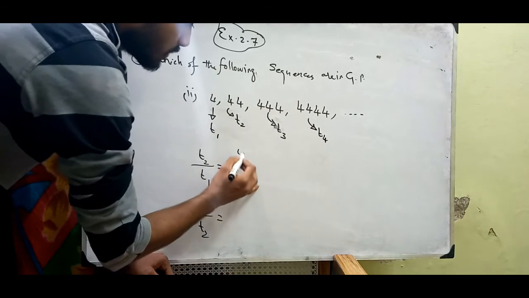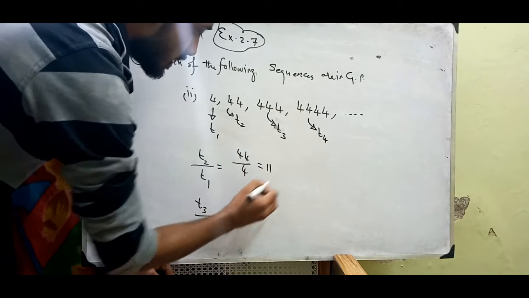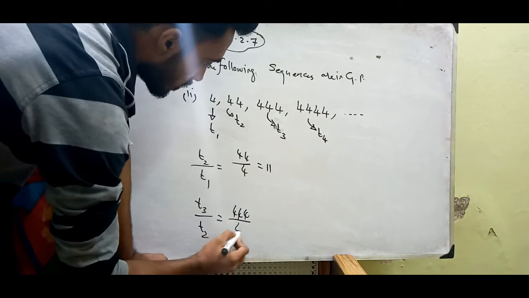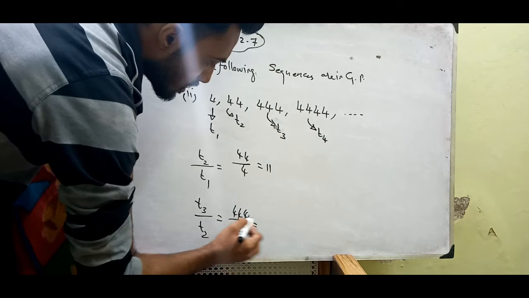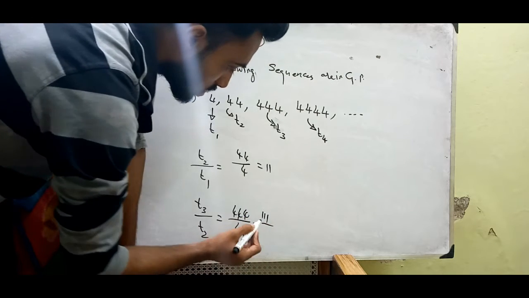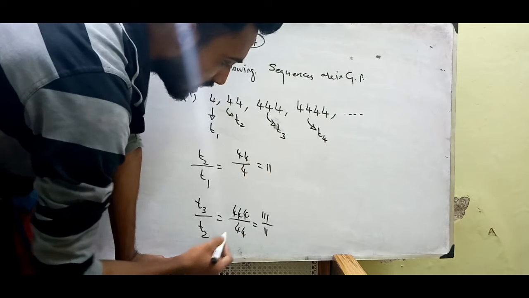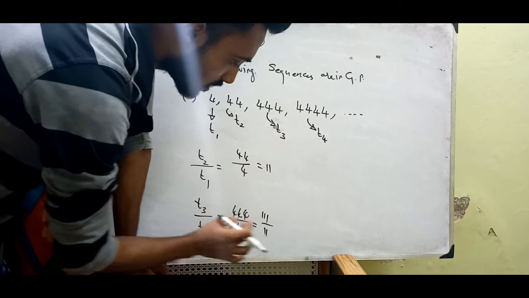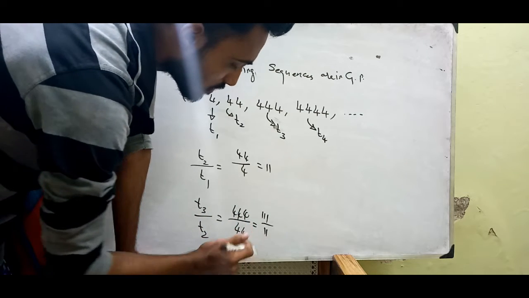So what is T2 upon T1? 44 upon 4, which is 11, right? And then 444 upon 44. So 4 times 111 is 444, and 4 times 11 is 44.